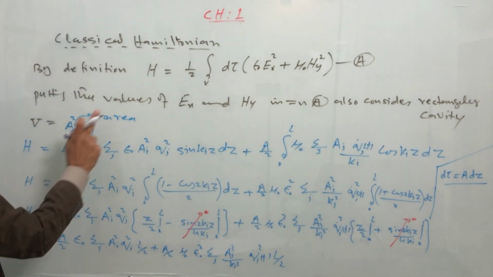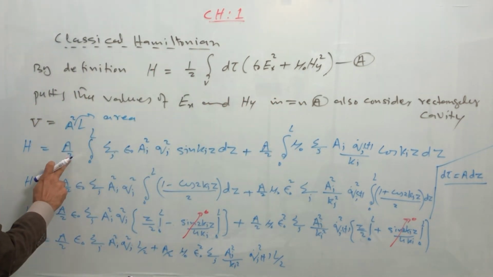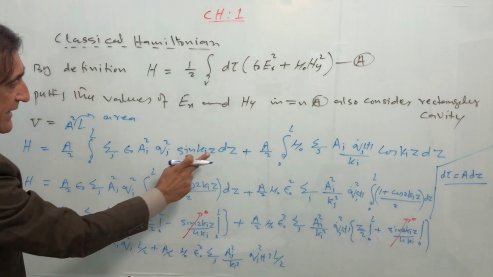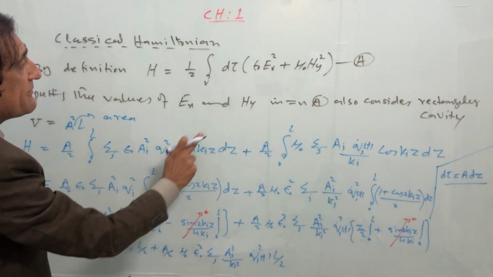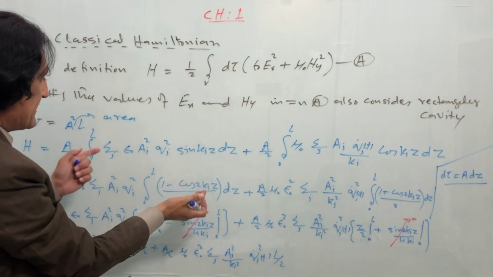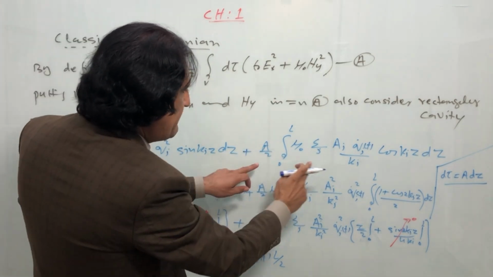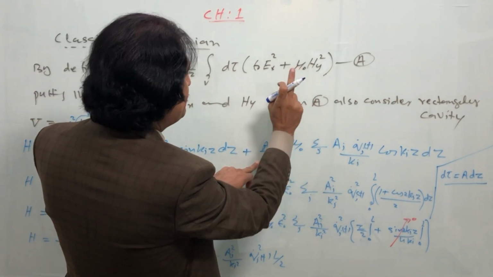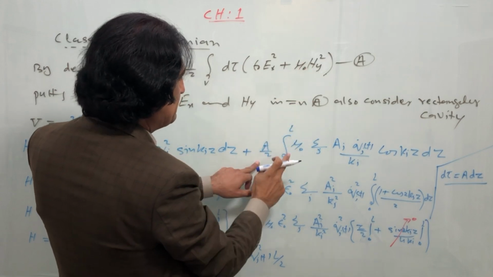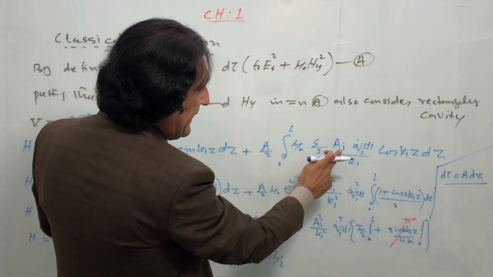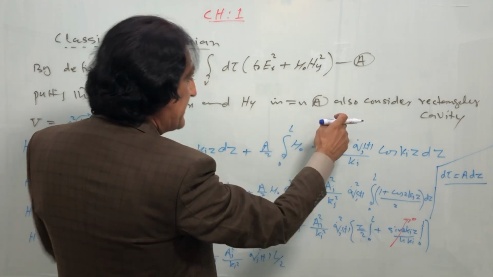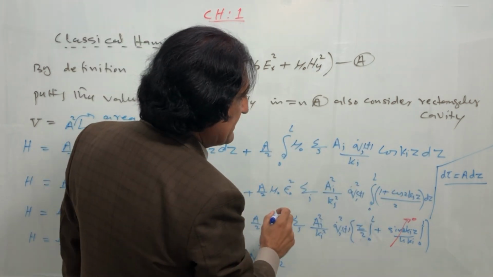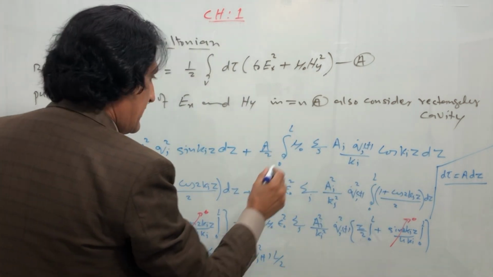So this a comes from the area of the cavity, a divided by 2, and we have dz. The remaining thing is the value of Ex, taking the square. Similarly, we have the same thing with mu naught and the area, and we have already calculated the value of Hy, and by taking this we can get the square.